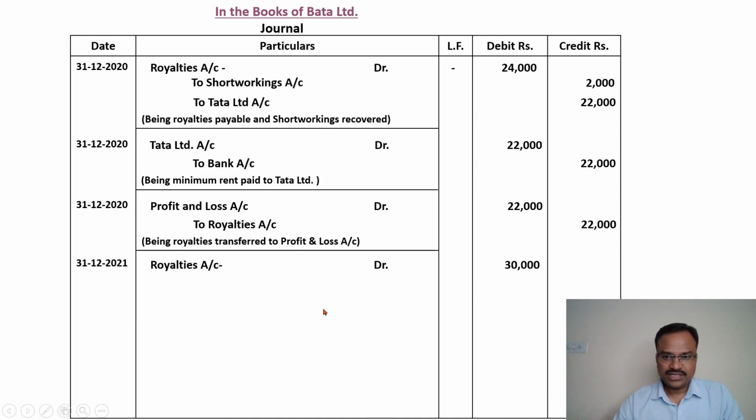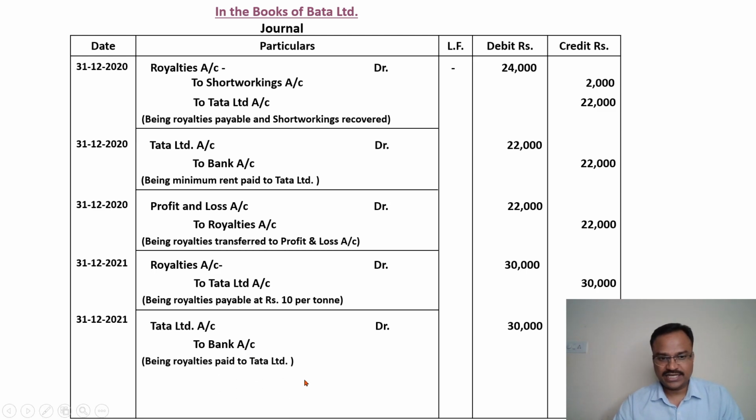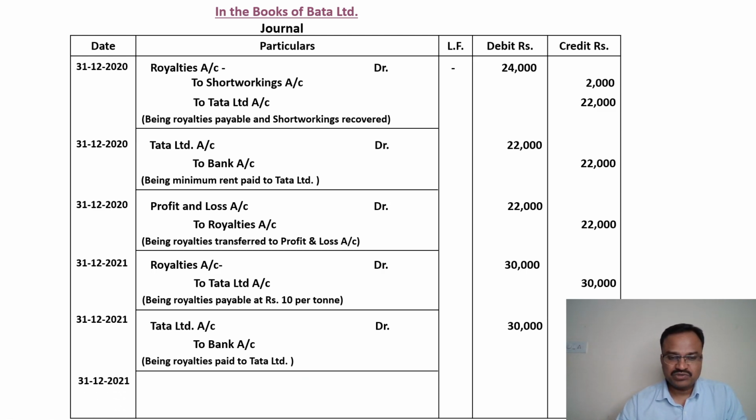royalty account debit 30,000 to Tata Limited 30,000, being royalties payable at rupees 10 per ton. This is the narration. The second entry is for the payment of royalties. So here Tata Limited account debit to bank account, and the narration is being royalties paid to Tata Limited. Here we have paid the royalties. And the third entry is for the transfer of royalties to the profit and loss account.